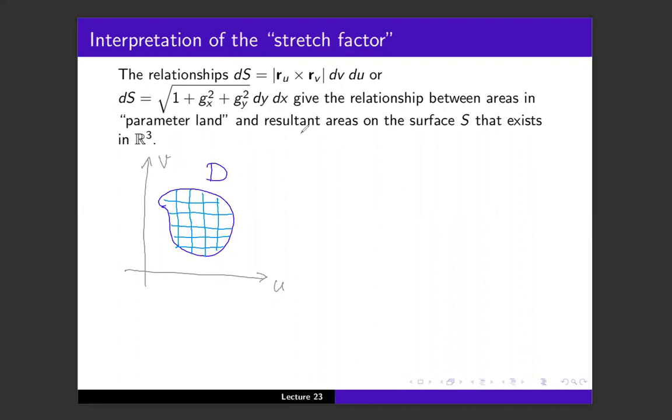So you take your flat region D, and you're sending it along. If you take some point UV in it, you're sending it through R into three-dimensional space. And in three-dimensional space, you've also got this region here.